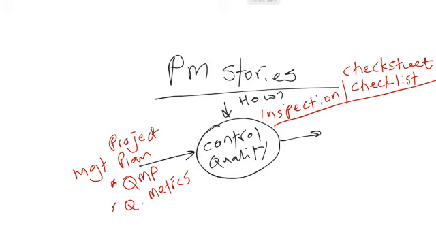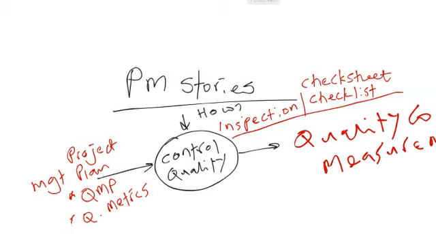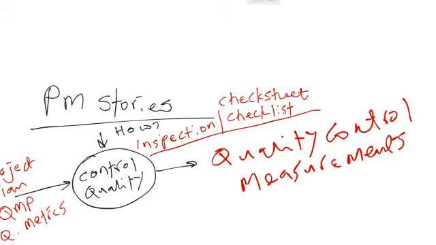Well, I began to realize that some of the dimensions were wrong. And as I was measuring, one of the outputs I got from this process was quality control measurements. So I got quality control measurements as one of the outputs of this process.